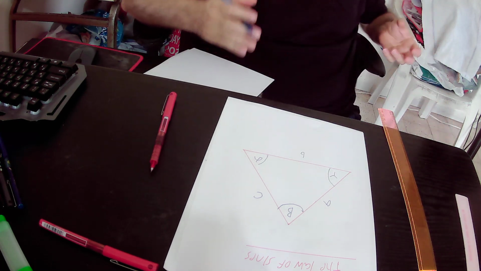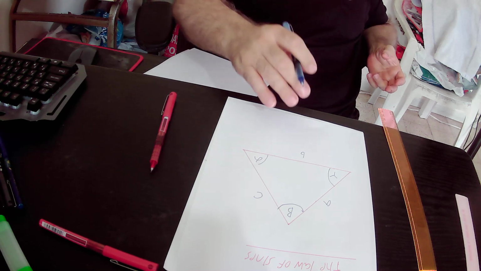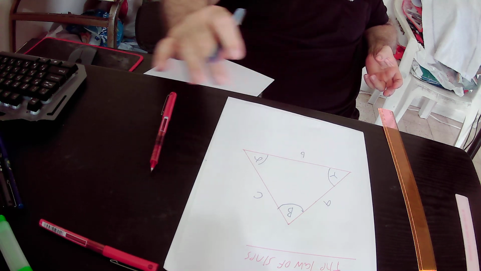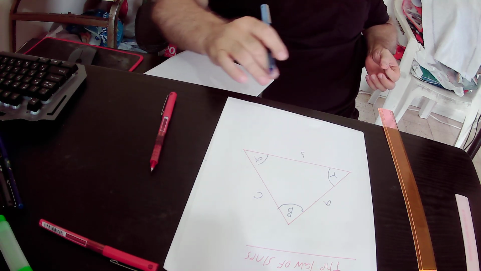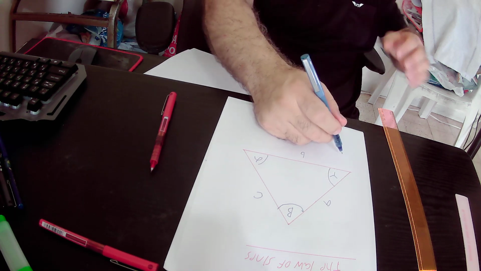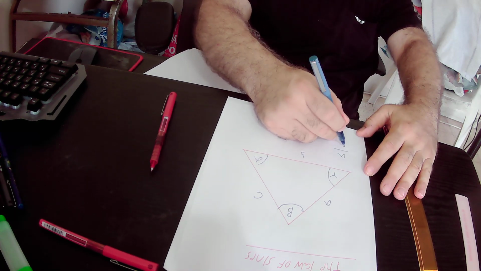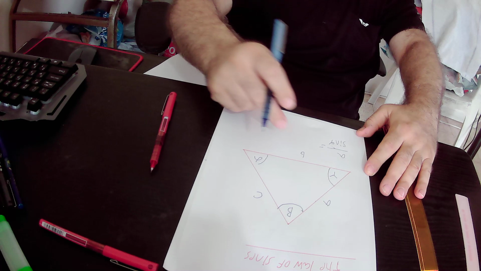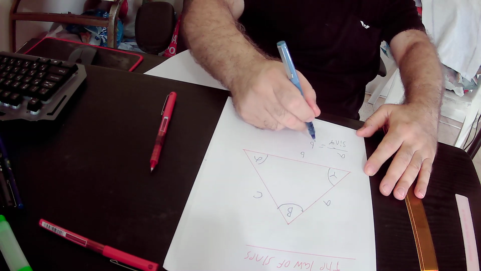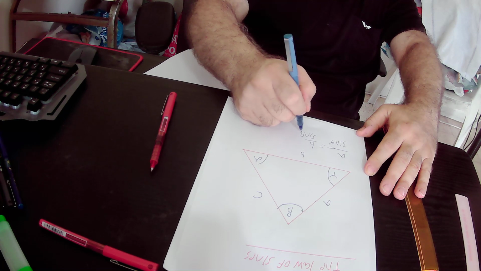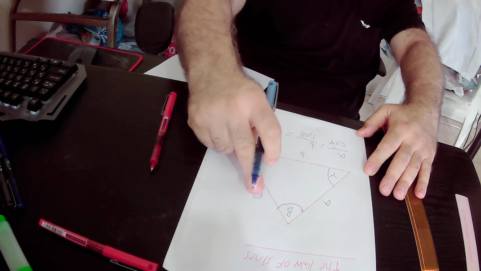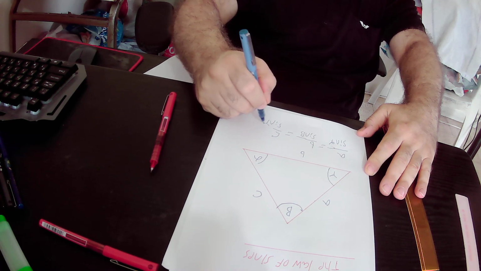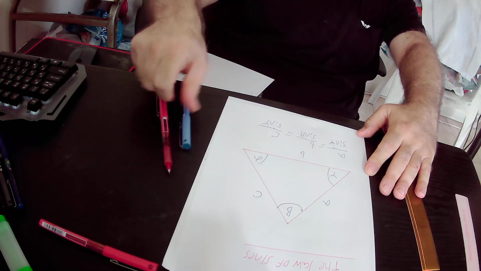According to the law of sines, the following relationship exists between the sides of the triangle and the angles of the triangle: A over sine alpha equals B over sine beta equals C over sine gamma.